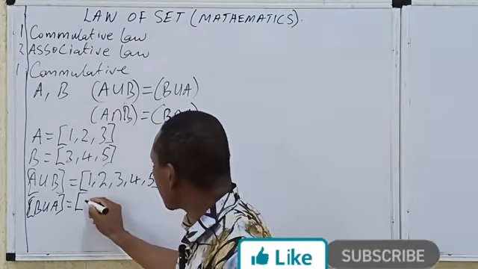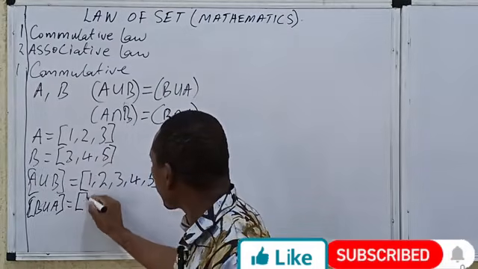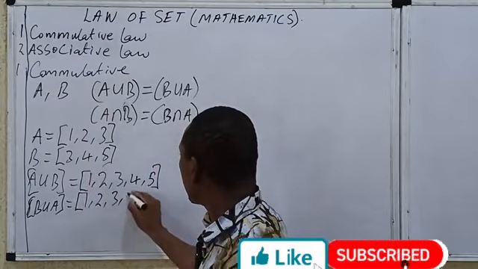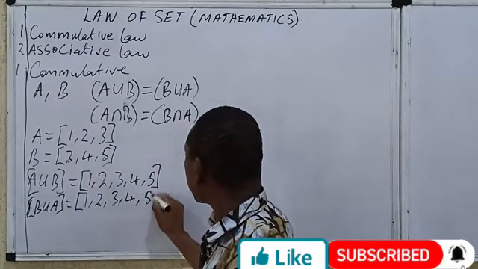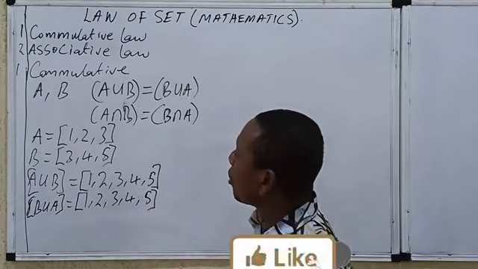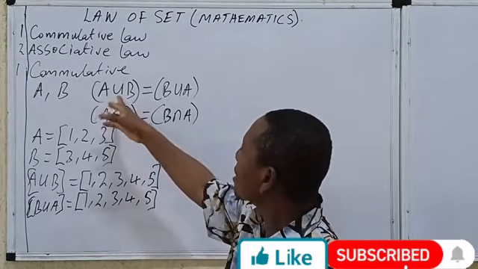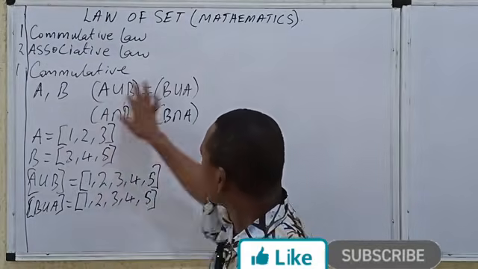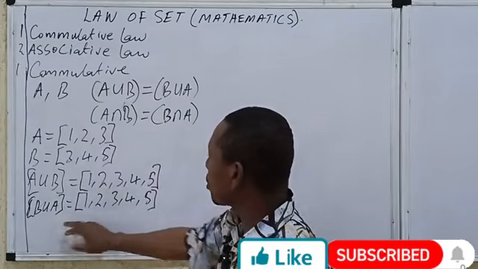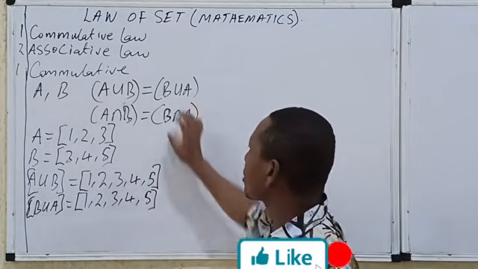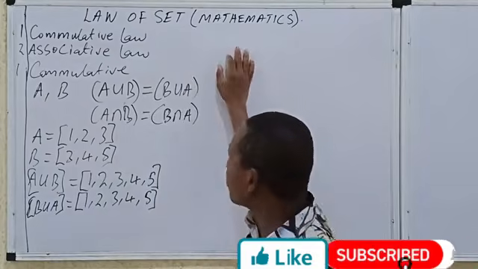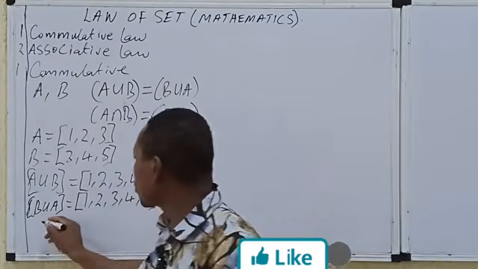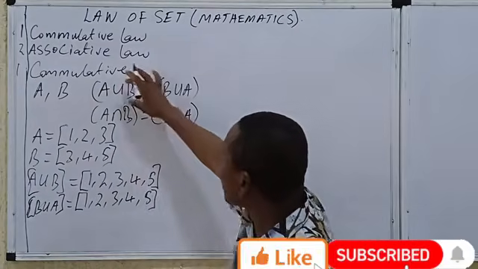So we have 1, 2, 3, 4, 5. Now, you notice that set A union B is equal to this set B union A. So it's the same thing, it's equal. That is, this statement is correct. So we have proven that this is equal to this.